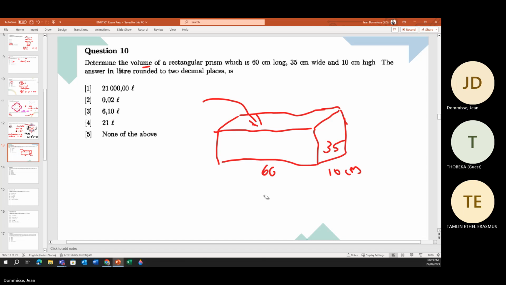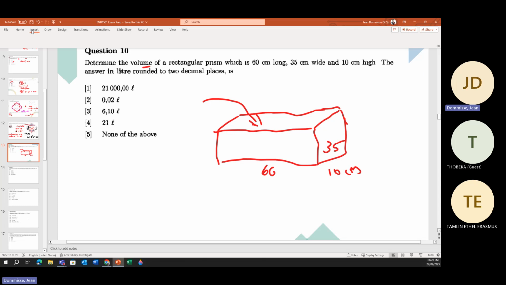We can work it out in centimeters, and then transform it into liters, or we change it from centimeters into meters, and then we transform it. So probably easier to say from the start to make it meters, but let's just see what we get first.